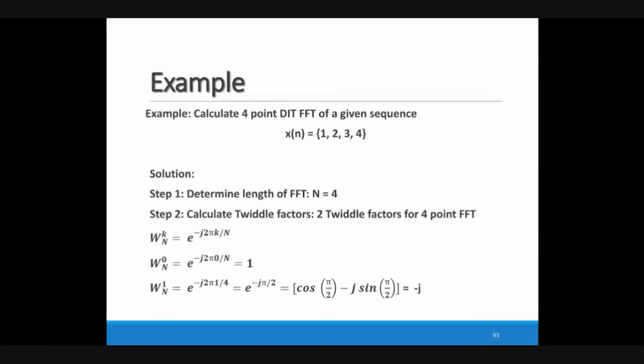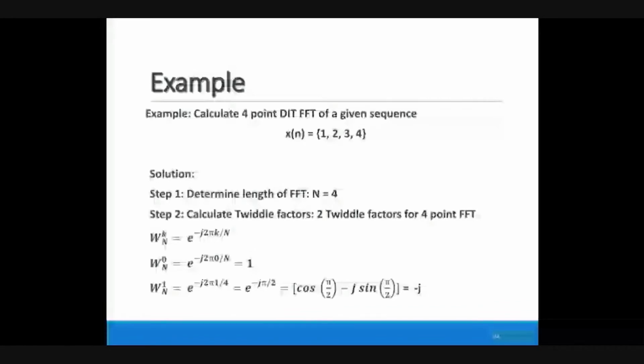Now, as this is a 4-point FFT, we require two Twiddle factors. One is omega N 0 and another is omega N 1. So how do we define the Twiddle factor? Omega N raised to k is equal to e raised to minus j 2 pi k divided by capital N. When k is equal to 0, the Twiddle factor is equal to 1.